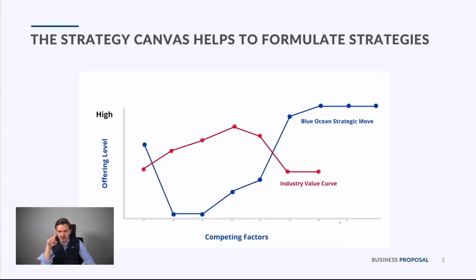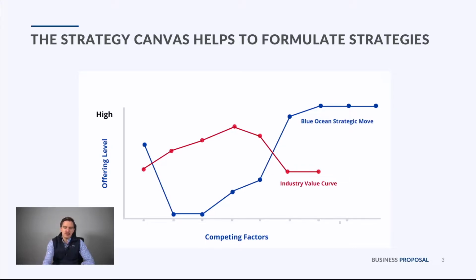Okay, and this is the kind of blue line that you have, and this helps you to create a product with certain attributes that highly differentiates yourself from the competition.